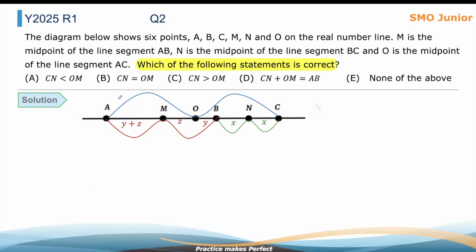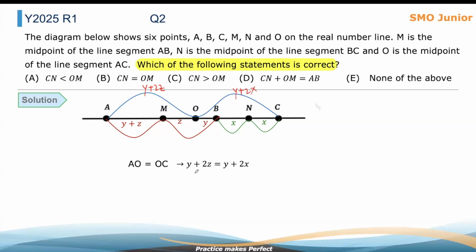O is the midpoint of AC, so AO equals OC. AO is y plus 2z, and OC is y plus 2x.